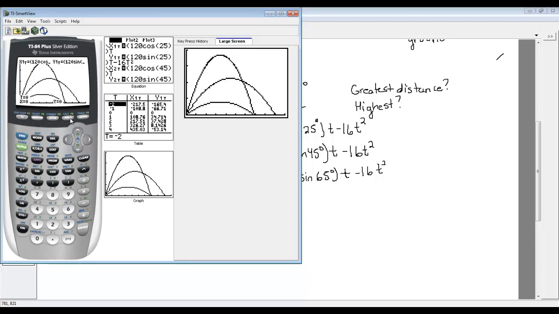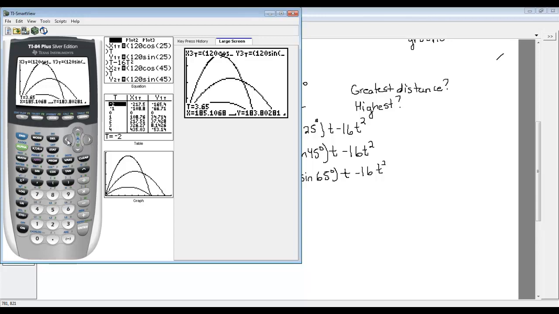So we can use the trace feature on the calculator to help us see what's going on in these graphs. If I just go left or right, it'll move the X on the same graph. If I go up or down, it'll jump to another graph. So let's see here, trace. I'm up here. 164, 167, 169, 172, 174, 177, 180, 182, 185.